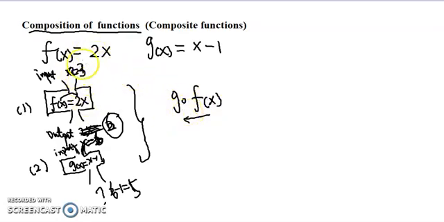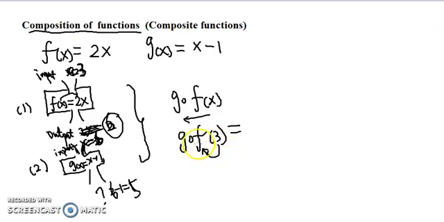In this case, for example, if the input is 3, that means this x is 3. The function we got is called the composition of g and f. If this x takes 3, what are we going to get? You can see why we put f first, because 3 is the input of f.